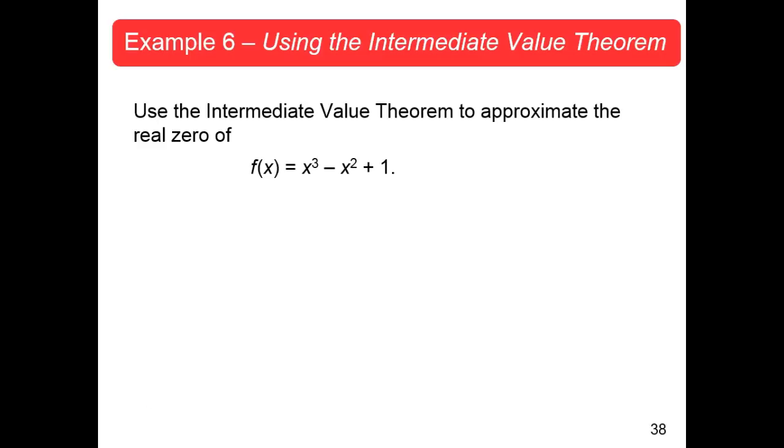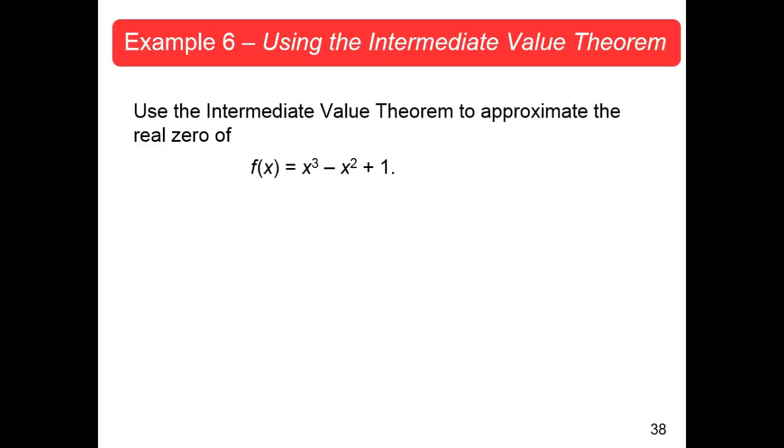Basically, the intermediate value theorem says if we have an f value, a y value here for one value of x, here's our x, and we have another value here for another value of x, then somewhere between these two x's every point in there has to be hit at least once, right?